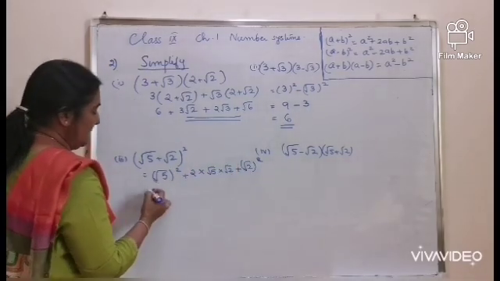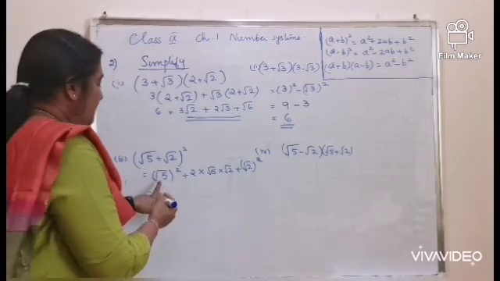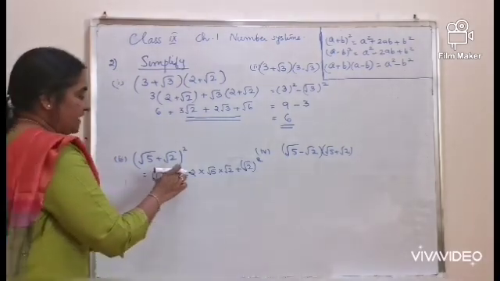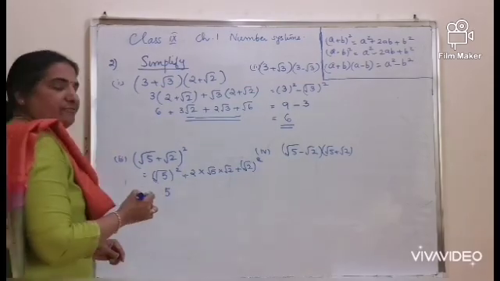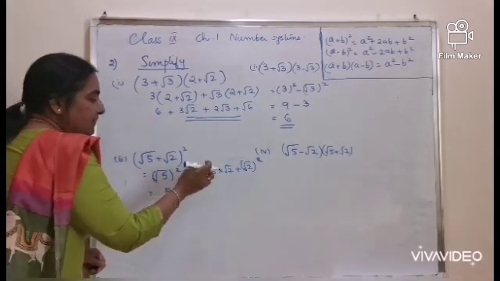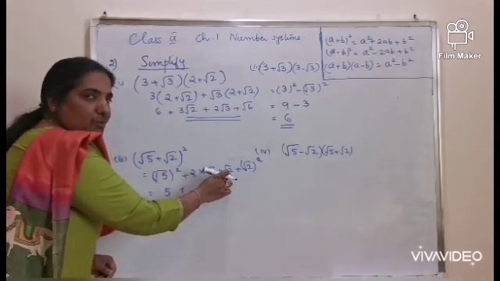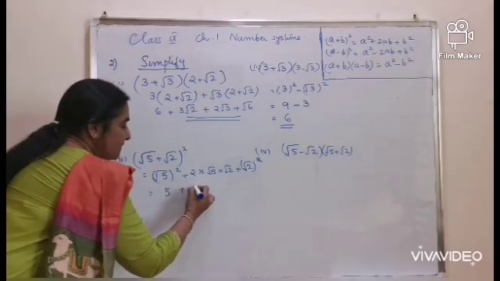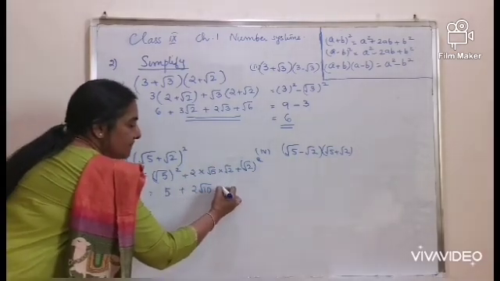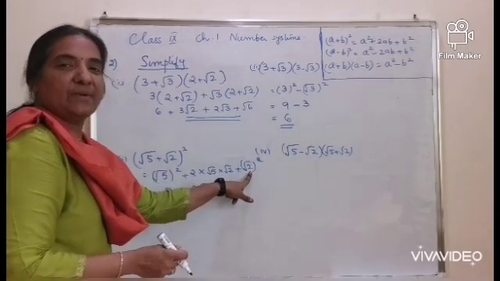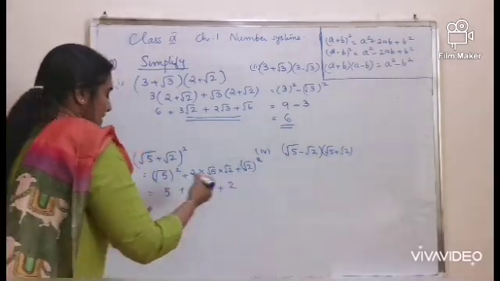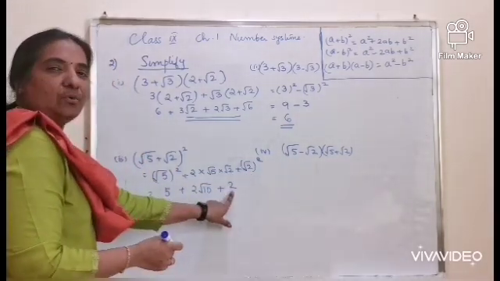According to the rule, root 5 the whole square will be the whole number 5, plus 2 root 5 into root 2 will become 2 root 10, plus root 2 the whole square is 2. 5 and 2 are whole numbers.